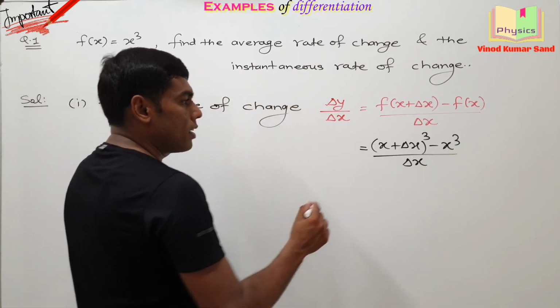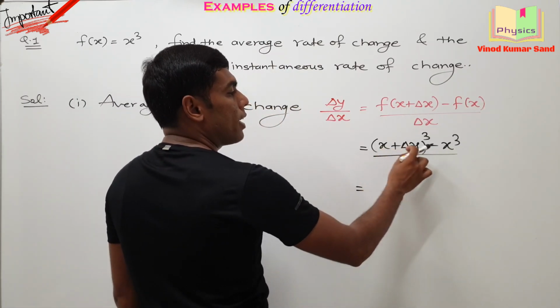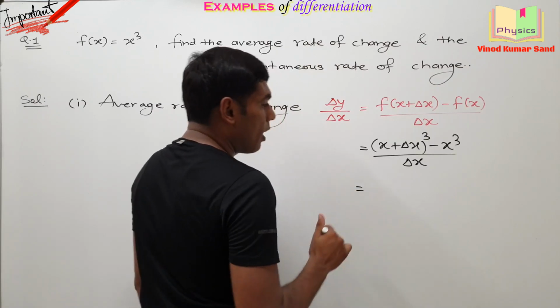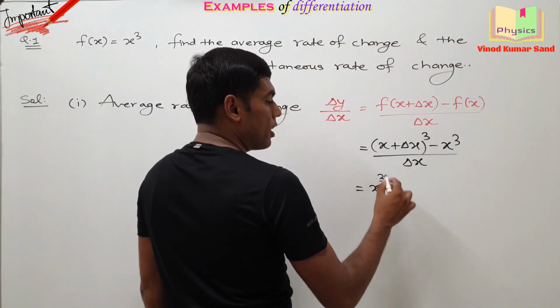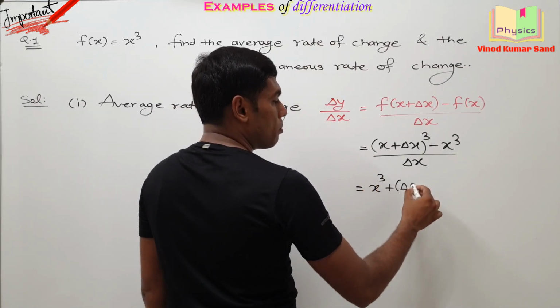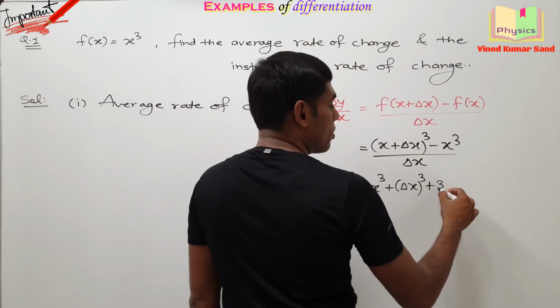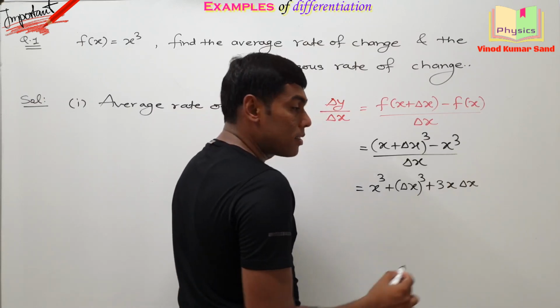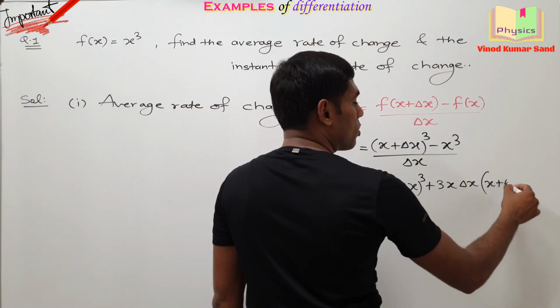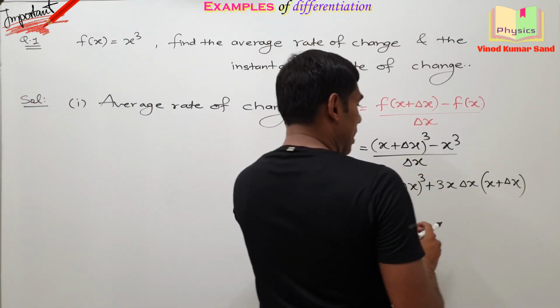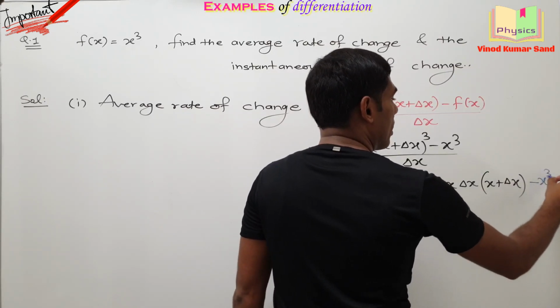Can we simplify this thing? Yes. This is (a plus b) whole cube. How do you open it up? a cube plus b cube plus 3ab(a plus b). So 3x del x (x plus del x), and minus x cube was already there.